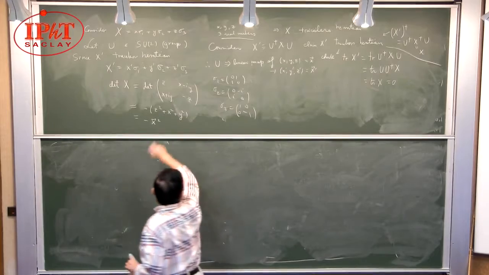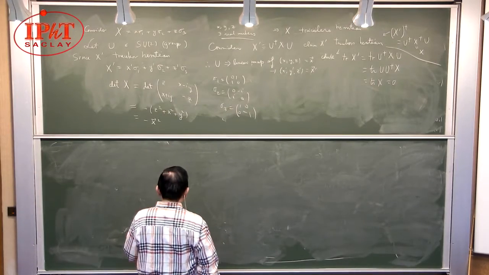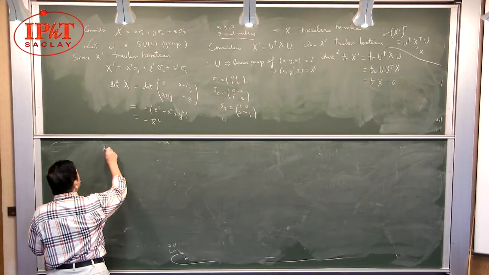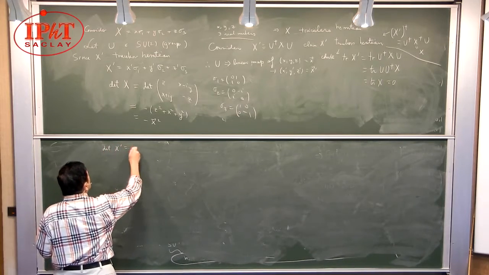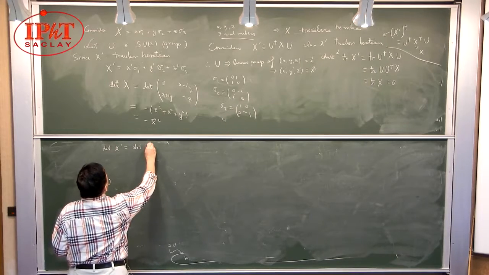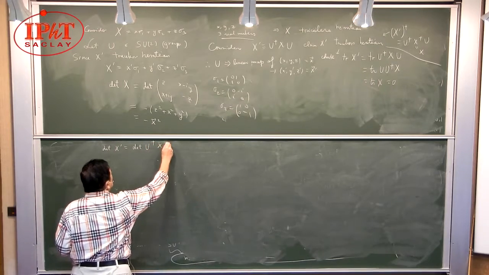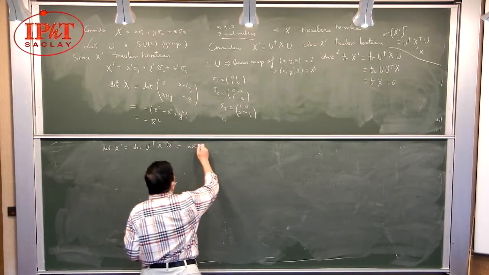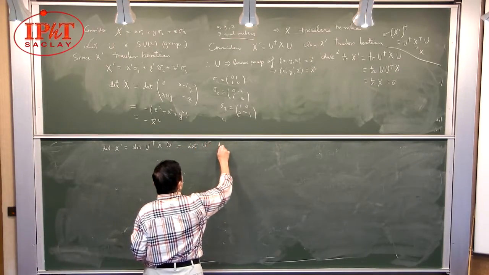Okay, so the determinant of X is minus x squared, but the determinant of X prime is the determinant of U dagger X U. But the determinant of the product is the product of the determinants.